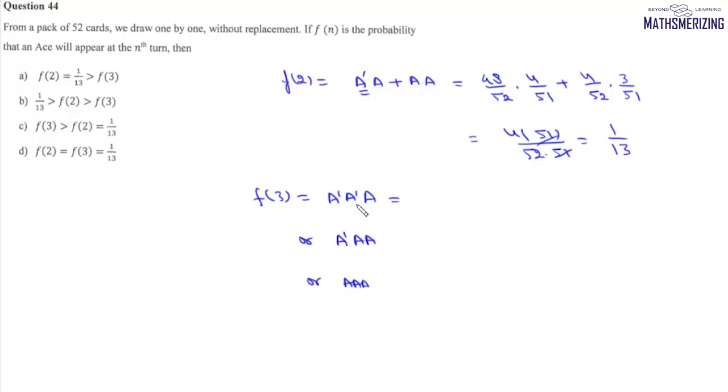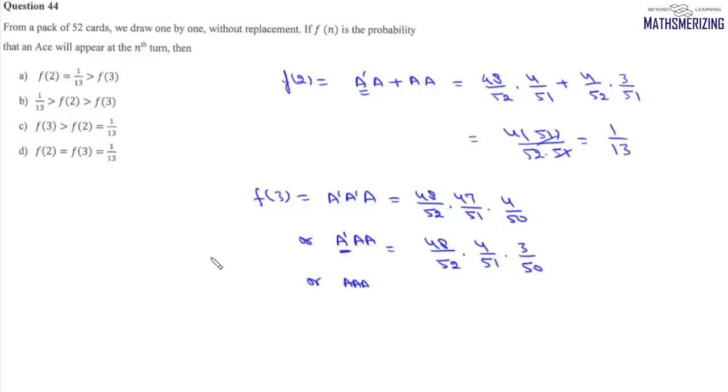So if it is no ace in first two, then it will be 48 by 52, 47 by 51, then 4 by 50, and then not ace, so it will be 48 by 52, and then ace, it will be 4 by 51, and then it will be 3 by 50.